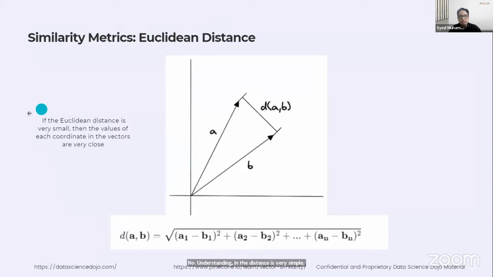When the distance is very small, the values of each coordinate are very close. So if the Euclidean distance that you calculated for two vectors is very small, that means that these vectors are very similar. If the Euclidean distance is very large, that means they are not very similar. Pretty simple, right? I'll give you guys a few seconds to read this equation before going ahead.